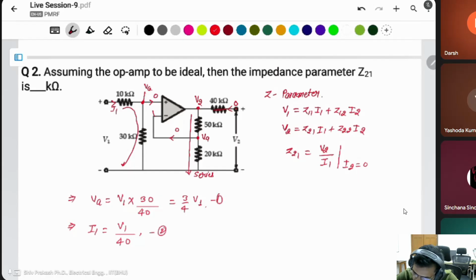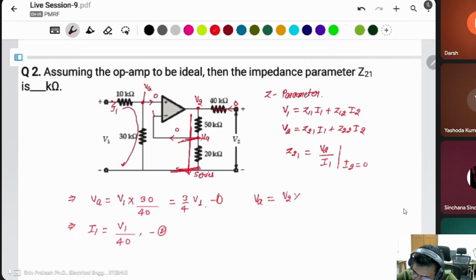Okay, come to the output port. This output was V2. These two resistances are connected in series, and VA is the voltage between these two. Okay, what is VA? The same voltage divider you can apply.